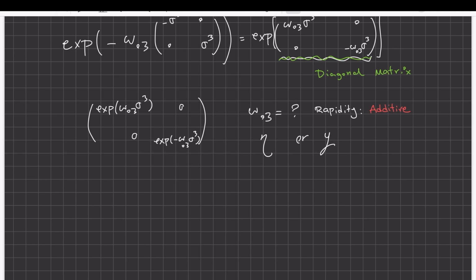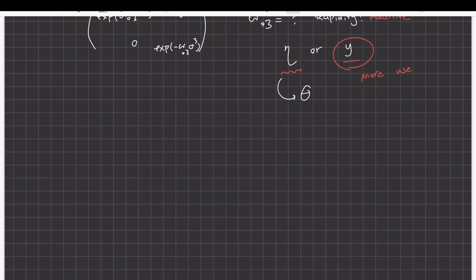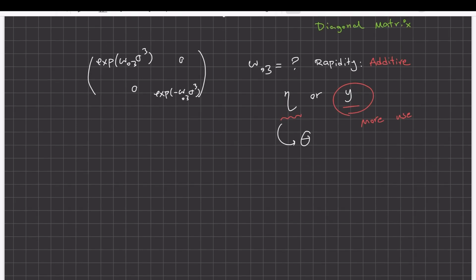So omega 0, 3 is equal to eta or y or rapidity. So I mean, y is something that we prefer to use in experimental physics, but never mind. We're going to show it here by eta. So y has more use. This eta here is just a notation. We can also use theta, but theta is not really good because we might make a mistake between theta and the angle, the physical angle for rotation.